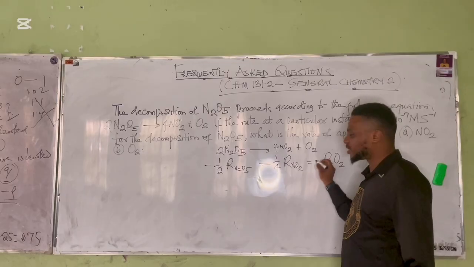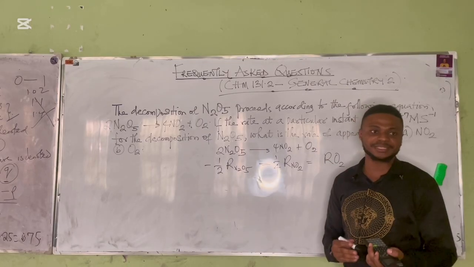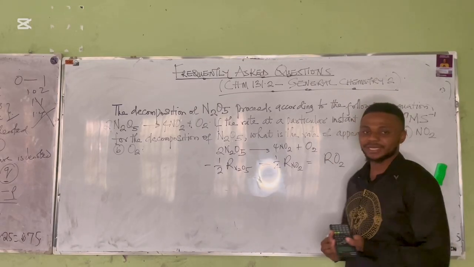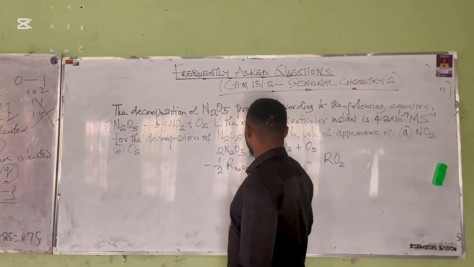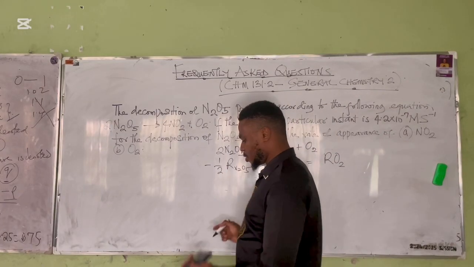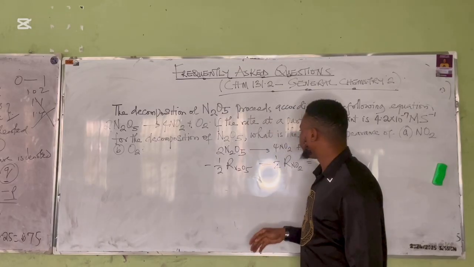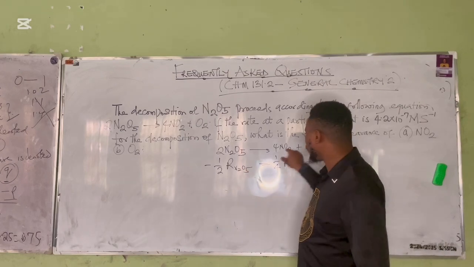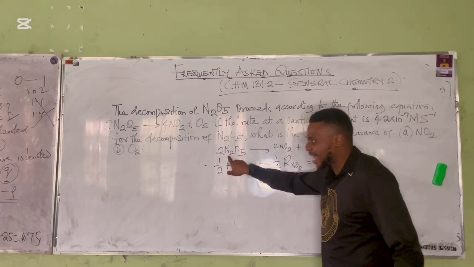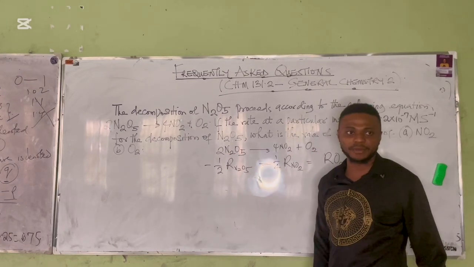The reason why I did not put anything here is because the coefficient of oxygen gas here is simply 1. We are using the reaction to show the relationship between these substances, to get the rate of NO2 from this one, and to get the rate of O2 still from this one.